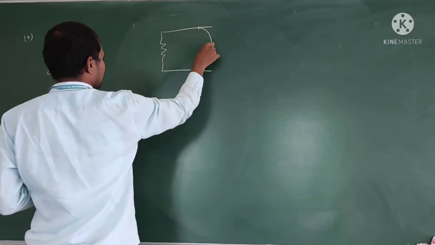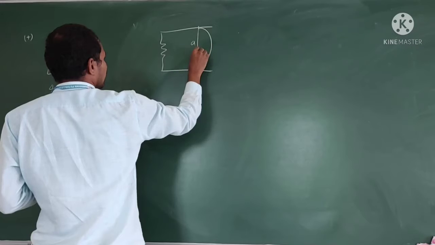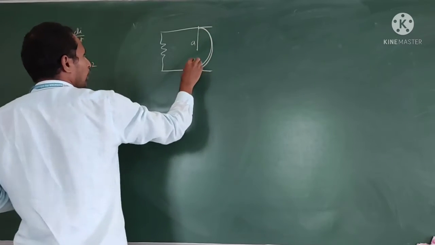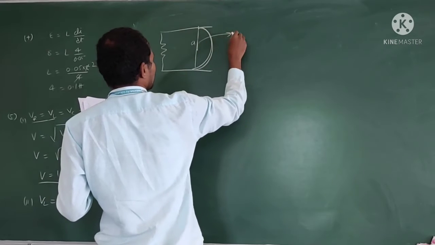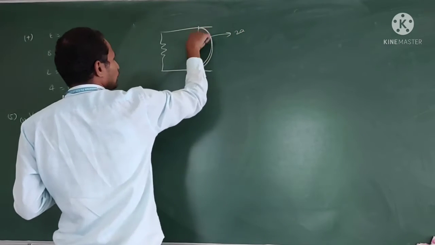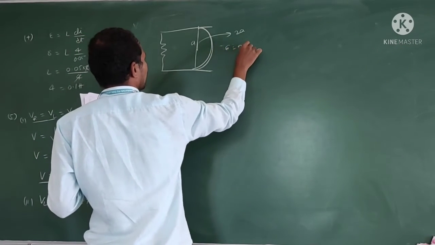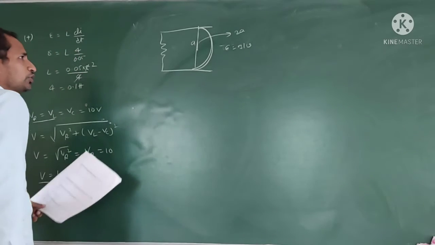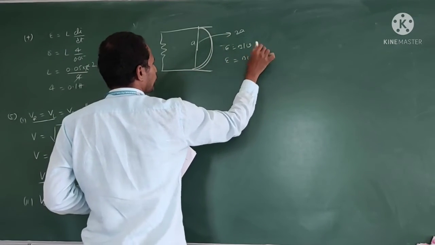The radius of this loop is A. When we have a curve like this, we take the effective length. So the length of this semicircular ring is 2A. So the induced EMF is E equals B L V, where L is 2A. So E is equal to B V 2A.